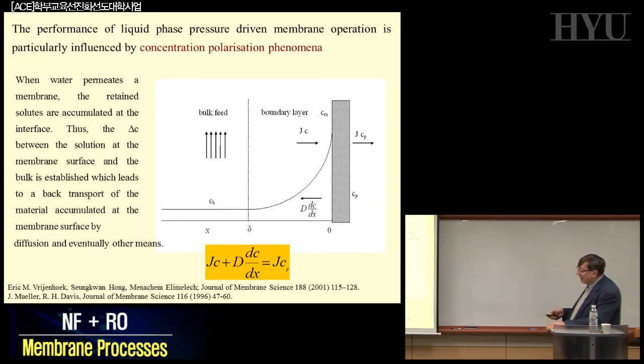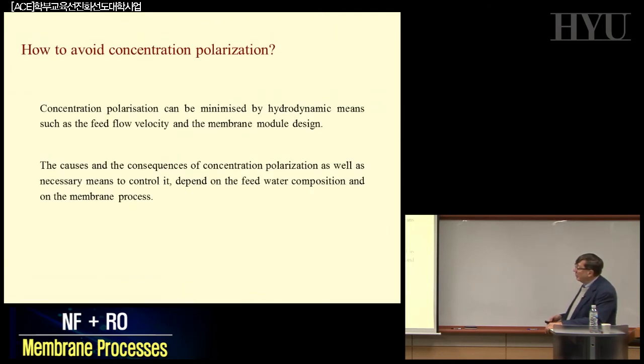The way to analyze and predict this kind of phenomenon is to use basically the film theory. The equation we have to consider is that the convective flux to the membrane surface plus the back diffusion is equal to the flux of the concentration in the permeate. This is the mass balance you can realize in the system.